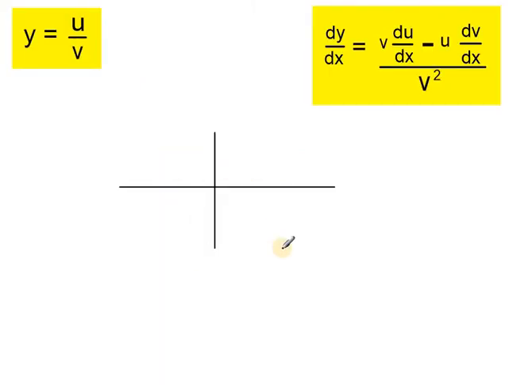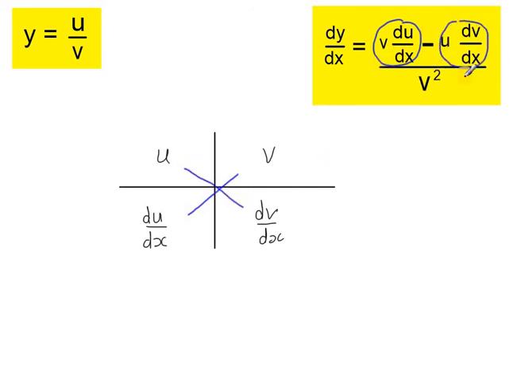So if you set out your working in a similar way to what we did for the product rule, you put your function u here, you put v on this side, and then you differentiate. So we have du by dx, and here we have dv by dx, and then we cross multiply this way to get that term, minus, and then we cross multiply this way to get this term, and the whole thing is over the denominator squared.